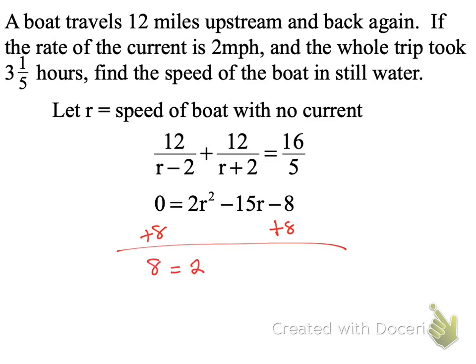I get 2r squared minus 15r equals 8, divide by 2, and I get 4 equals r squared minus 15 over 2r.